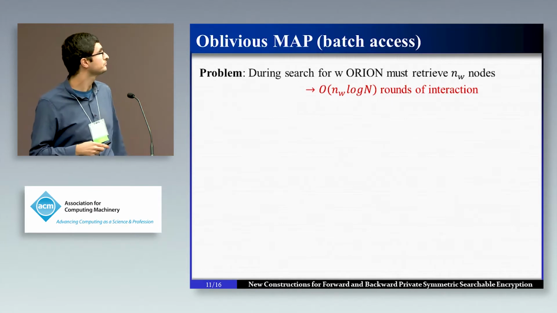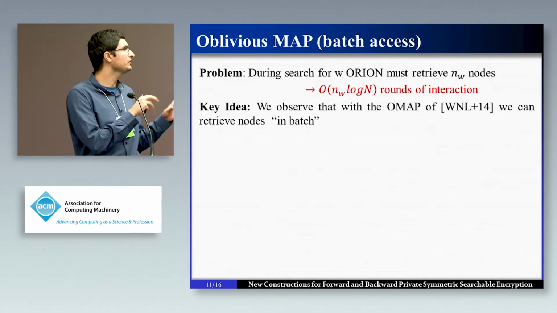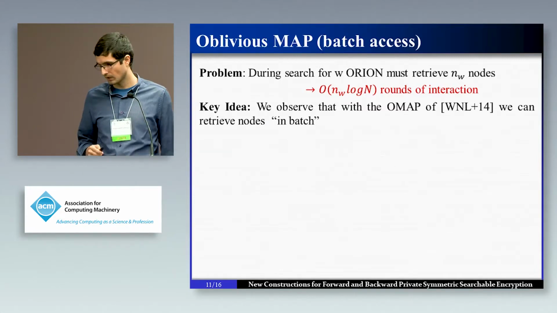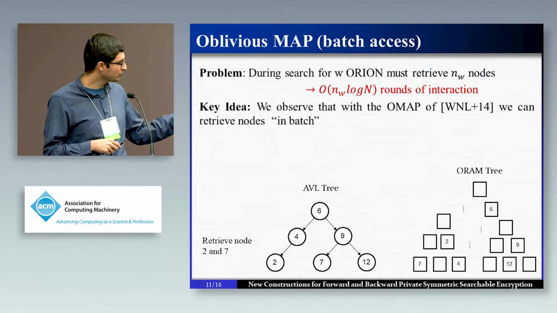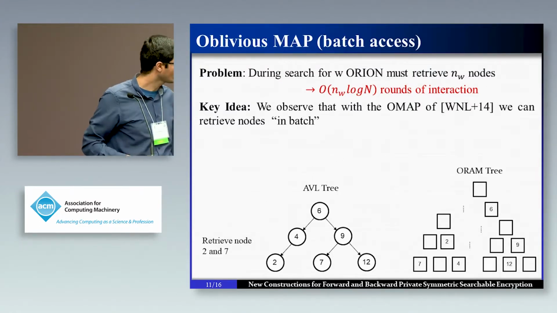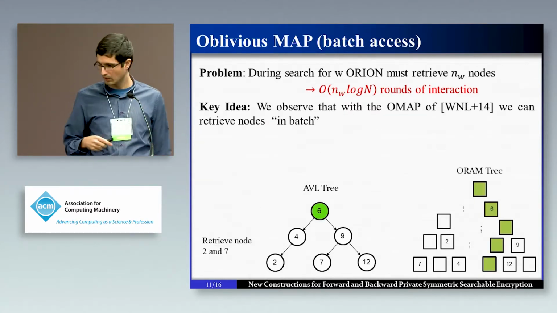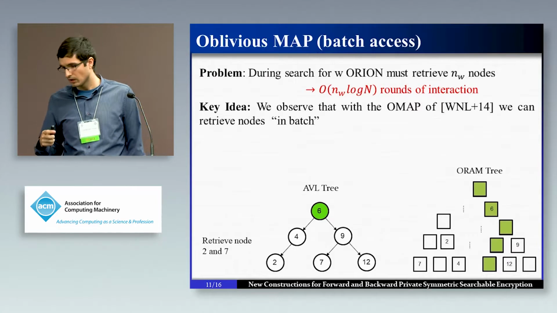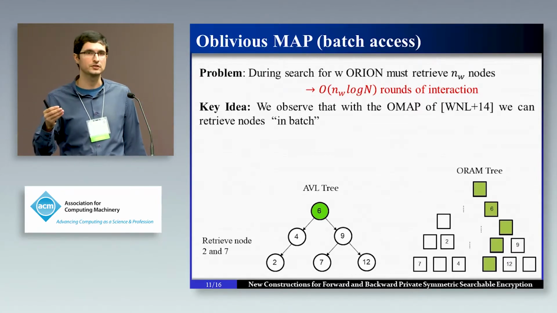The answer is yes. We observe that with the OMAP of Wang et al., we can retrieve nodes in batch. Let me explain it by the previous example. Suppose we want to retrieve nodes 2 and 7 from that tree. First, we fetch the root node, which is 6. At the next step, for the next layer, we fetch all ancestors needed for the future searches.